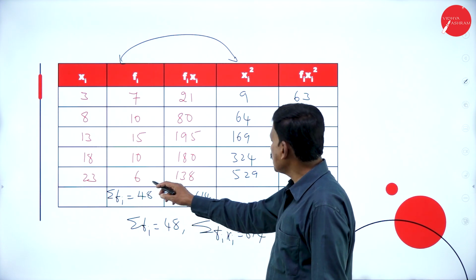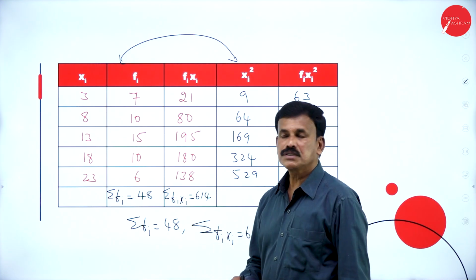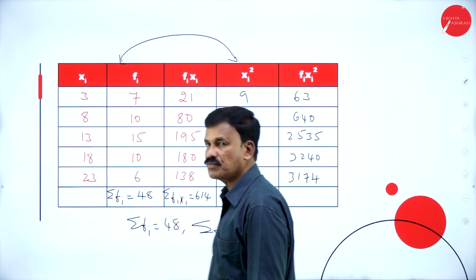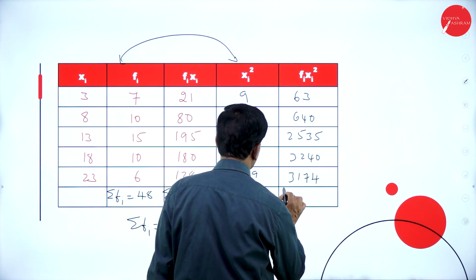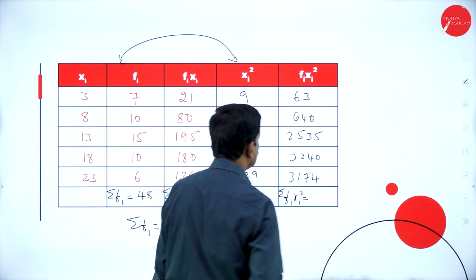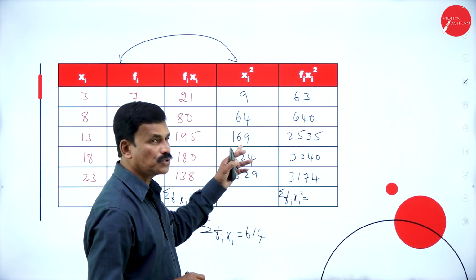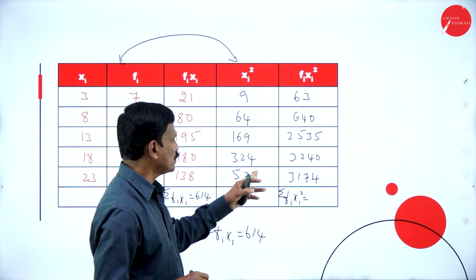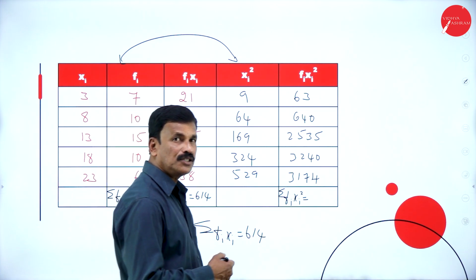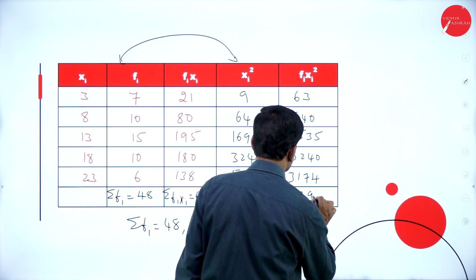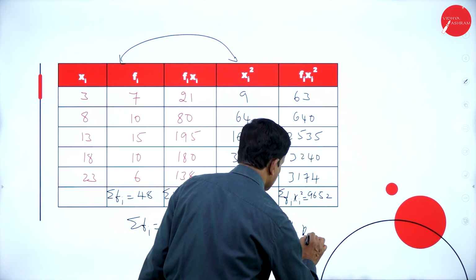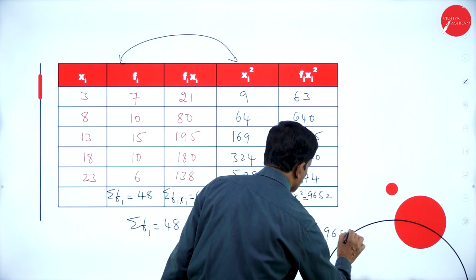Last, 6 into 529 is 3174. Now add this. If you add, you will get sigma fi xi square. 63 plus 640 plus 2535 plus 3240 plus 3174 is equal to 9652. Sigma fi xi square is equal to 9652.